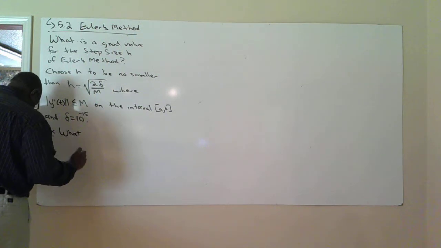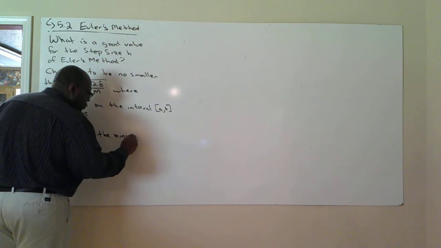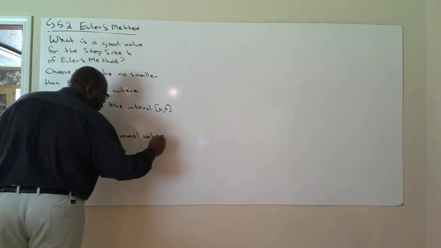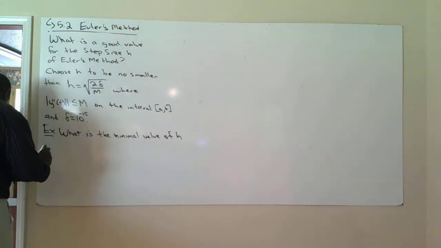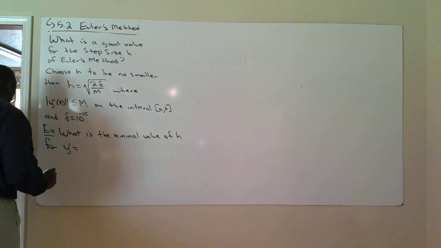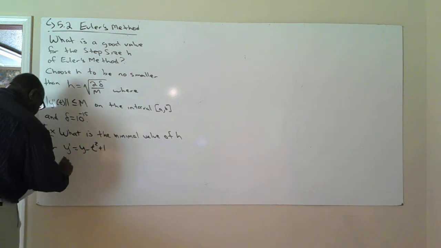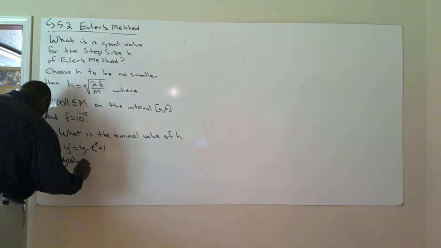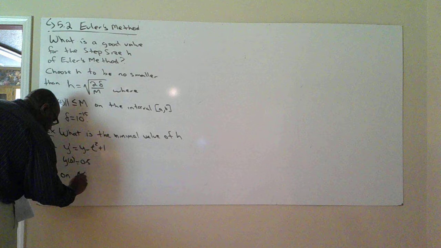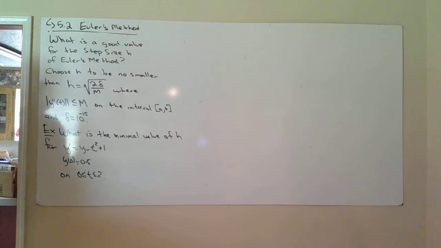What is the minimum value of h for y prime equals y minus t squared plus 1, y of 0 is equal to 0.5, on our interval from 0 to 2?